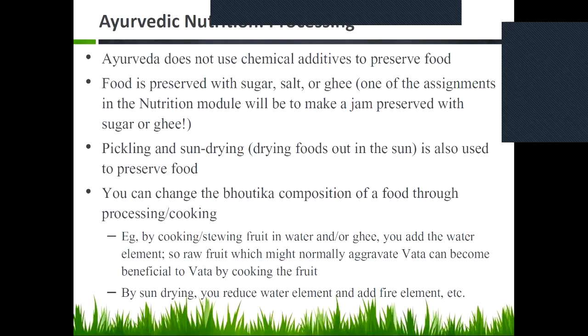Now you boil this water and cool it down a little bit. Now it's only warm, and it is okay for a kapha person because you've added agni, you've added fire to this. A fruit is made up of air element, and when you cook it, you've added heat element to it. Now it is okay for vata.